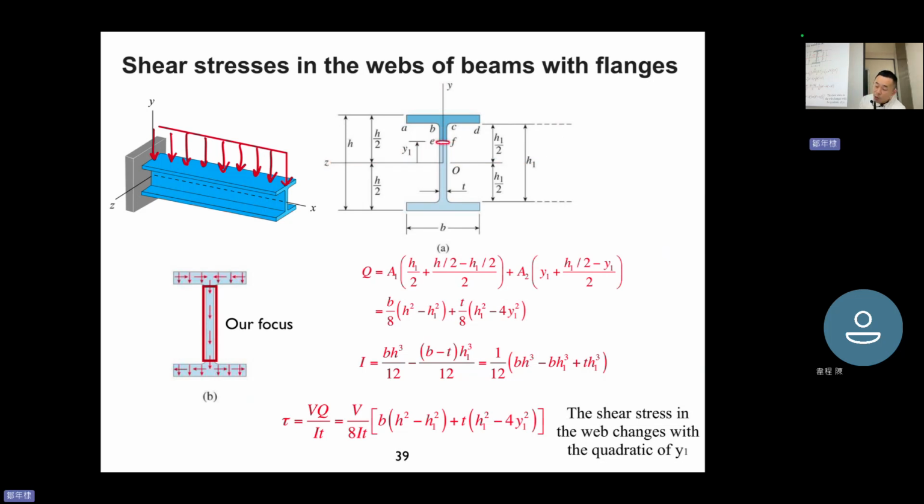So this EF is our target. So we are going to determine the shear stress at that level, at that height, okay? So now you can see that actually, this will be our shaded area. This will be our shaded area, okay?